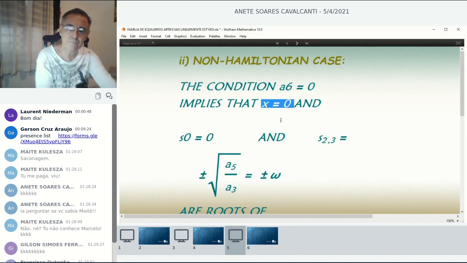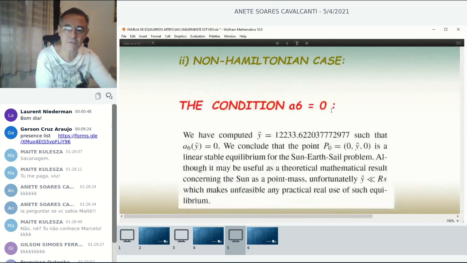So the fact that A6 equal to 0 really implies, in this case, that x equals 0, which features this P0 equilibrium point, which is 0, y bar, 0.